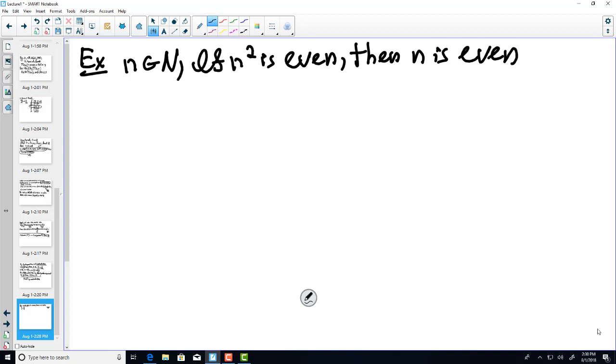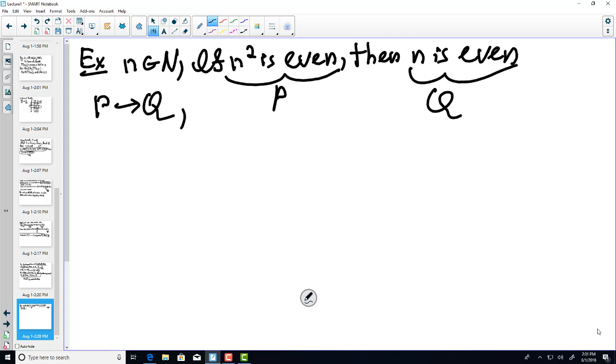Remember, our interest is in proving this, and the contrapositive says the following, where in this case P is n squared is even and Q is n is even.